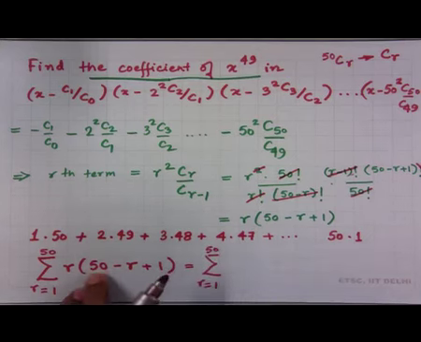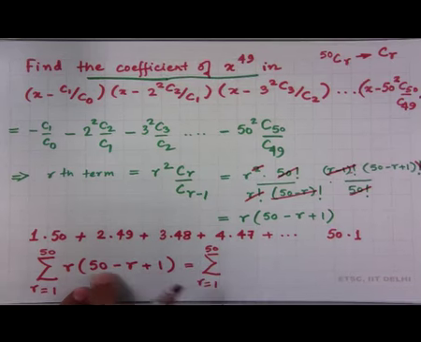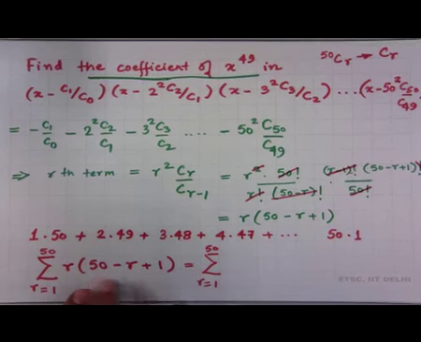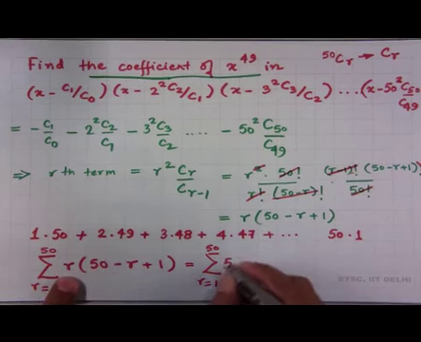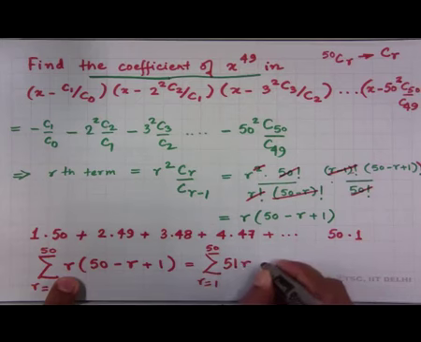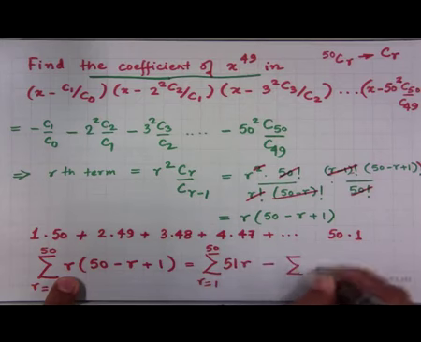You can break it up as 51, first of all 50 minus r plus 1 is nothing but 51, 51 r minus r squared.